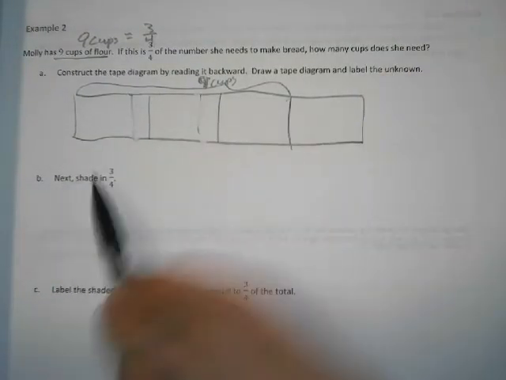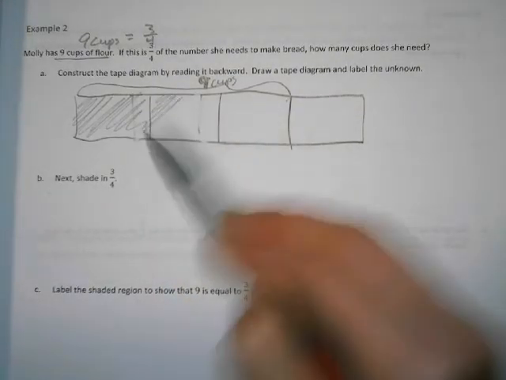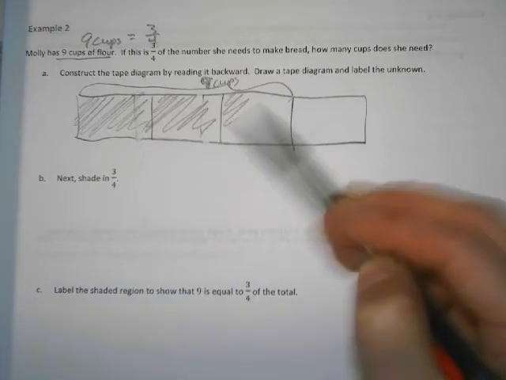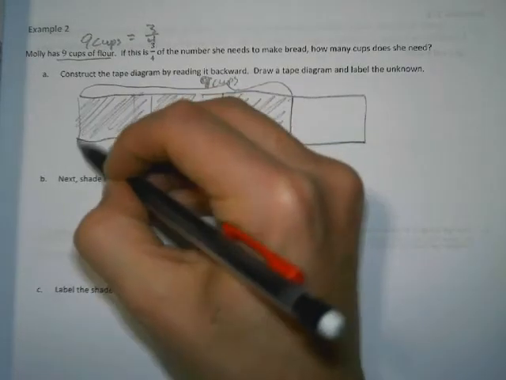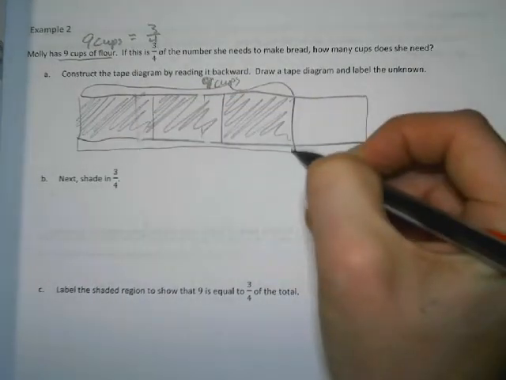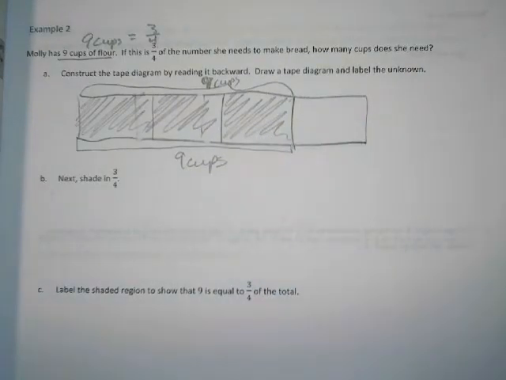So next it says shade in 3/4. So I'm going to shade in the 3/4. 1, 2, 3. Label the region to show that 9 is equal to 3/4. That's what I did. We could do it again down here. Here to here is 9 cups. And then analyze the model to determine the quotient.